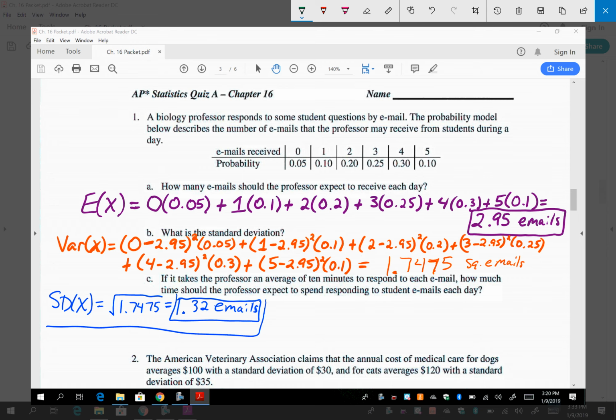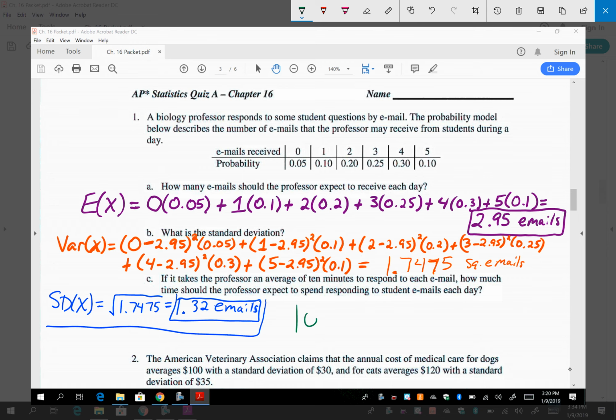You're using the wrong number, but the right idea, Julissa. You use the 2.95, because how many emails do we expect the professor to get on a given day? 2.95, 10 minutes per email? Like 30 minutes. There you go.